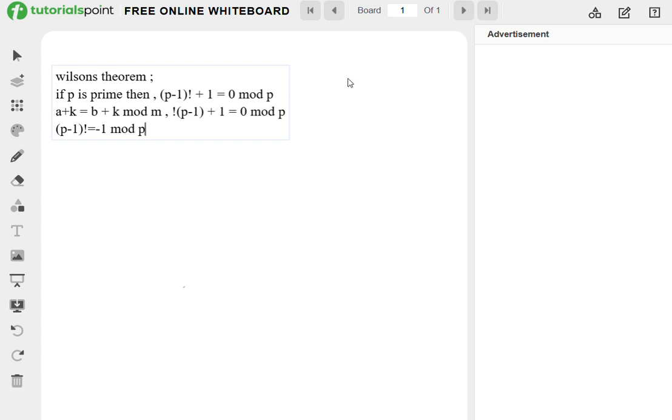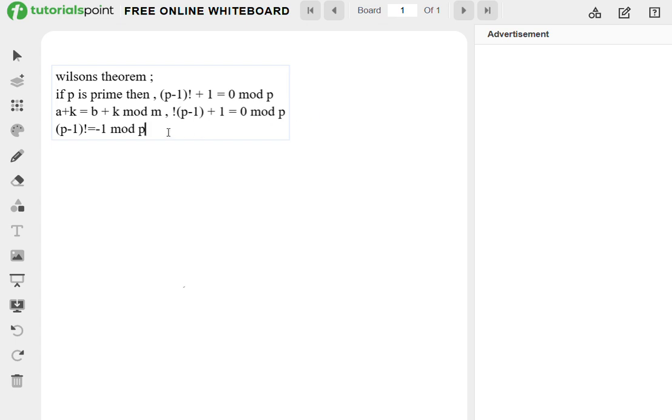Yeah, if 97 is a prime number, then 97 minus 1 factorial would always give a remainder of minus 1 when divided by 97. For example, 96 factorial would give us a remainder of minus 1 when divided by 97. That's all for this theorem.